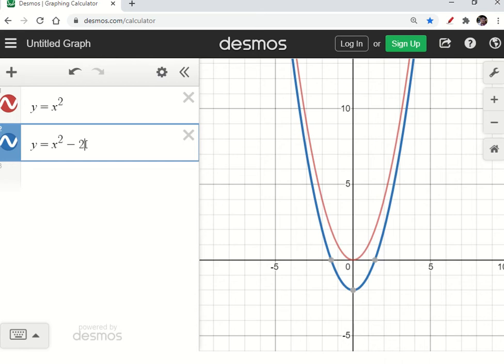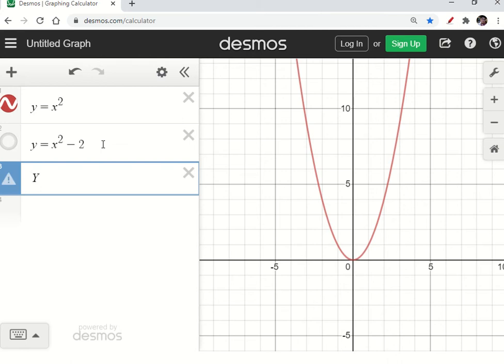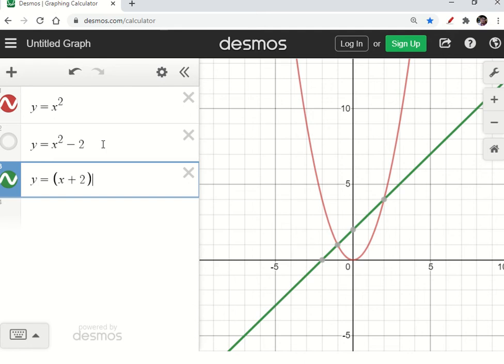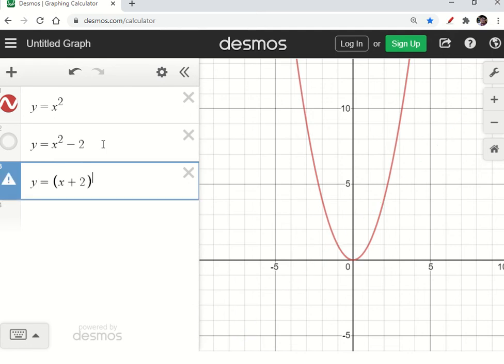Now let's see what happens if we have the plus or minus inside the function. If we have x plus 2 squared, you can see the addition happens inside the function, inside the square.